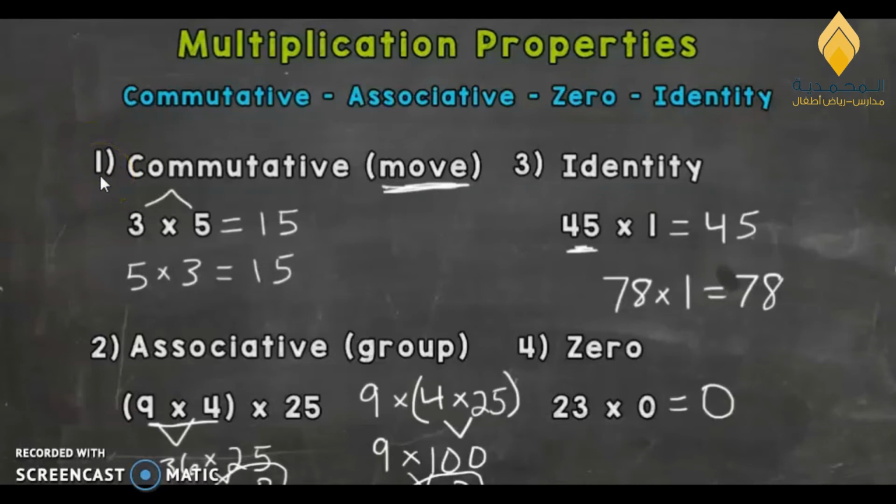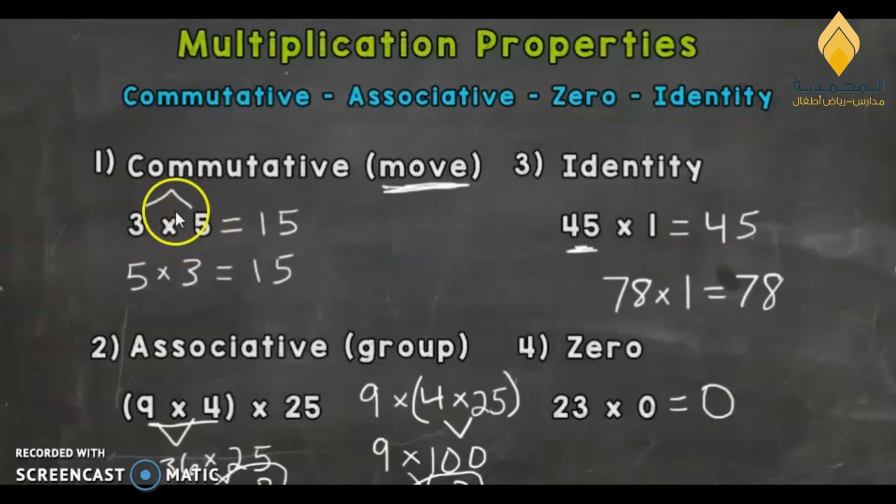An example of the commutative property. Again, with commutative, you have to think move. When you learn the commutative property, you have to think to move the numbers. For example, if you have 3 times 5 equals 15, this is a factor and this is a factor.